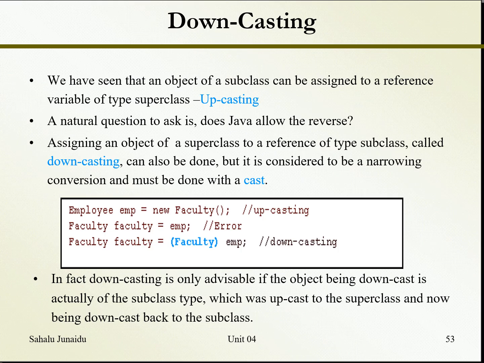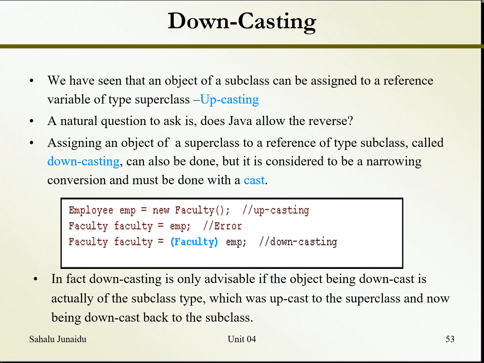Now, assigning an object of a superclass to a reference type of subclass, called downcasting, can also be done, but it is considered to be a narrowing conversion and must be done with a cast. So we can't just assign an object to a reference, like the way we have done in upcasting.